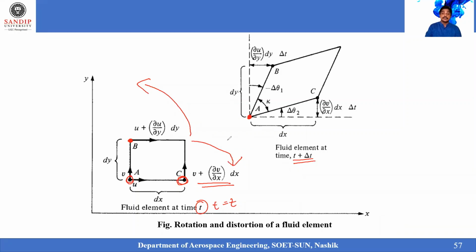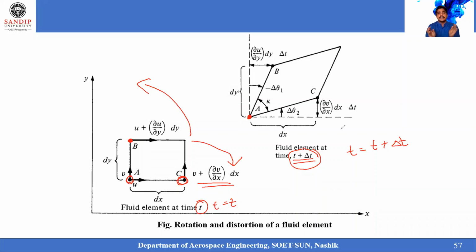That means the fluid has undergone deformation after a certain time, which we have written as t plus delta t. So after a certain time, at point C the fluid element is going in the anti-clockwise direction, and at the point B it is going in the clockwise direction.